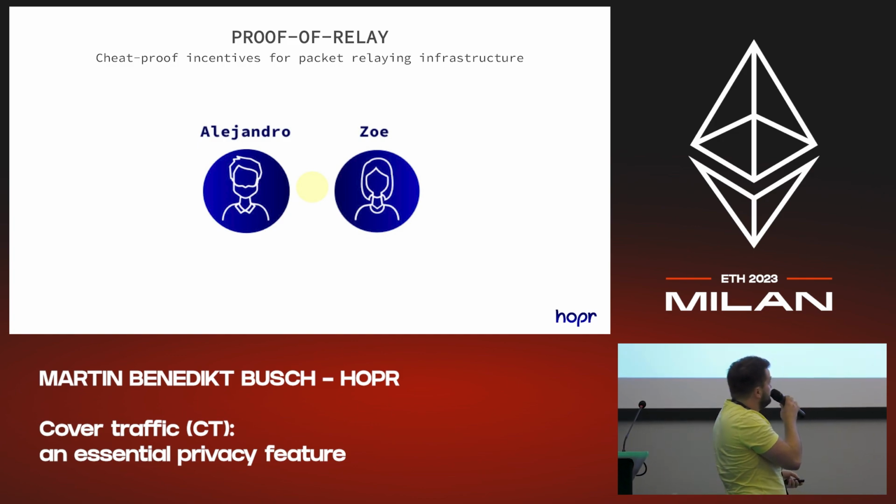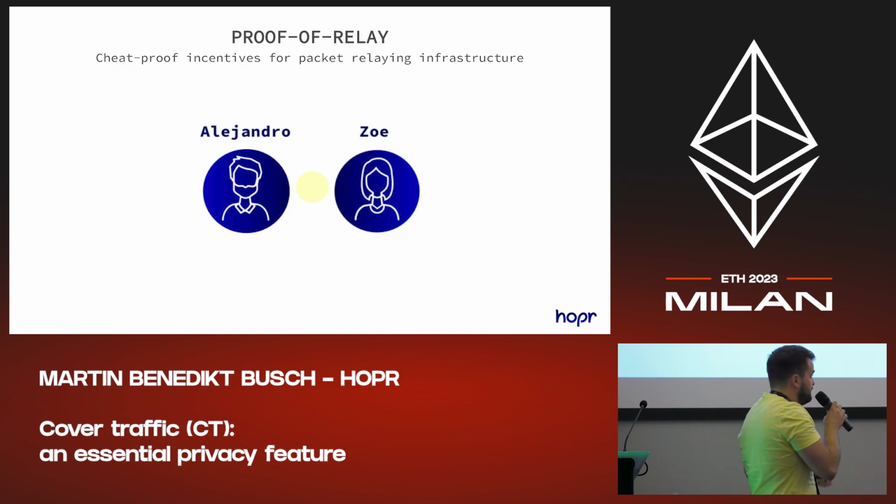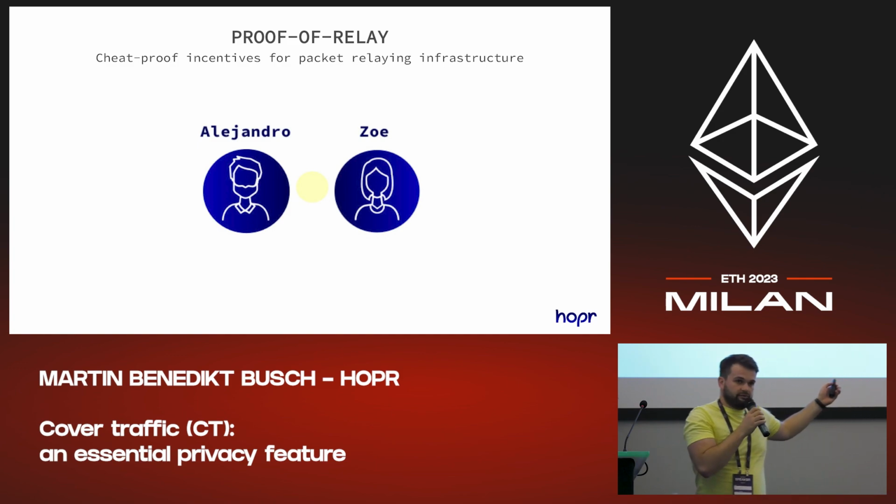This ensures that you don't need to trust any other node in the network, and also that you don't need to trust the HOPR association itself, because we don't store any kind of financial data. We don't need these data to be able to pay people, because it all happens through the protocol by itself.